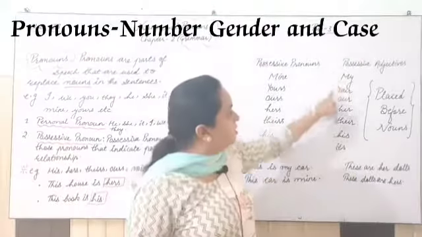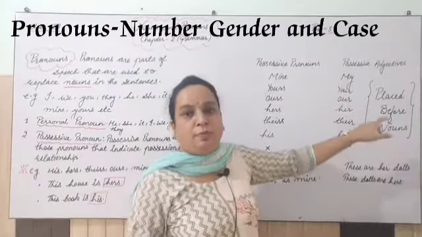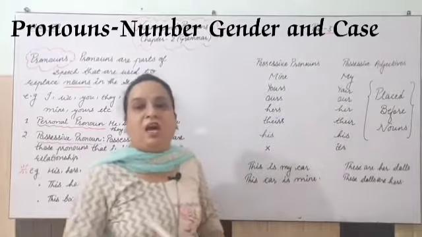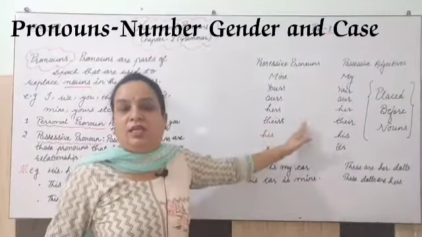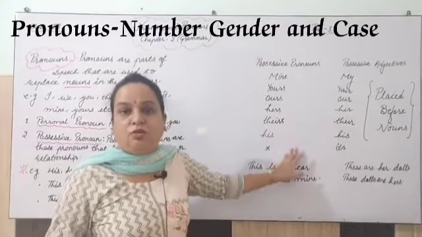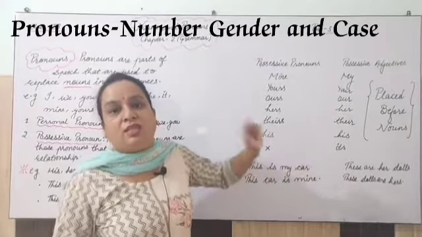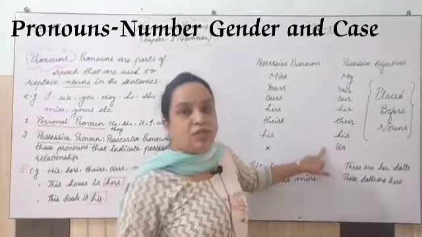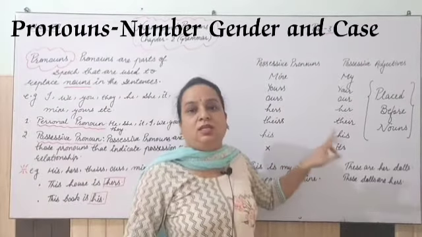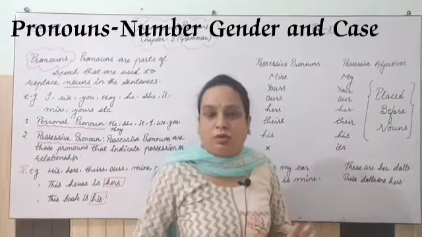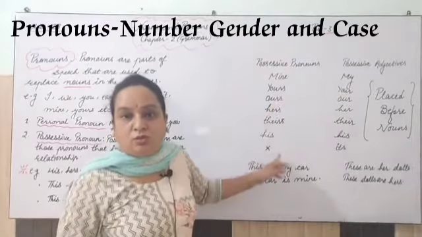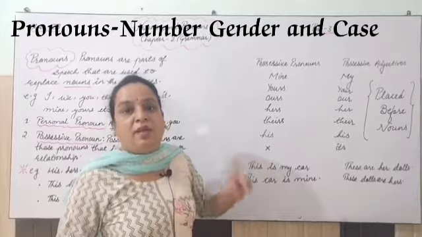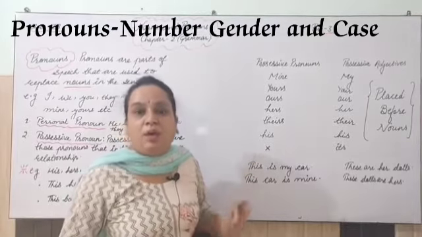So all these adjectives should be followed by a noun. But for pronouns it is not necessary; no noun should be there. If there is a noun after these words, it will act as a possessive adjective. And when a noun is not near these words, then it will behave like a possessive pronoun.